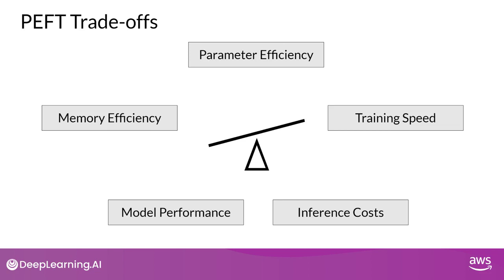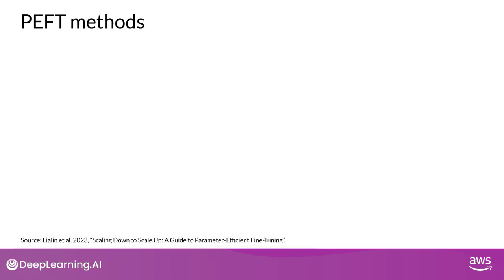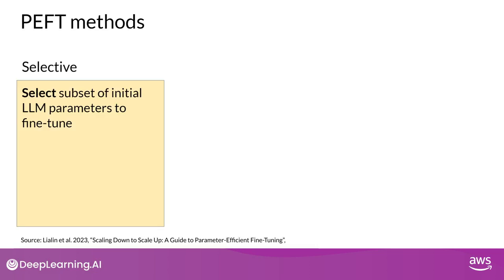There are several methods you can use for parameter-efficient fine-tuning, each with trade-offs on parameter efficiency, memory efficiency, training speed, model quality, and inference costs. Let's take a look at the three main classes of PEFT methods. Selective methods are those that fine-tune only a subset of the original LLM parameters.